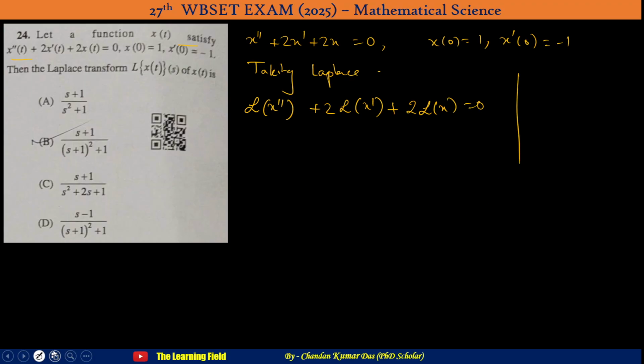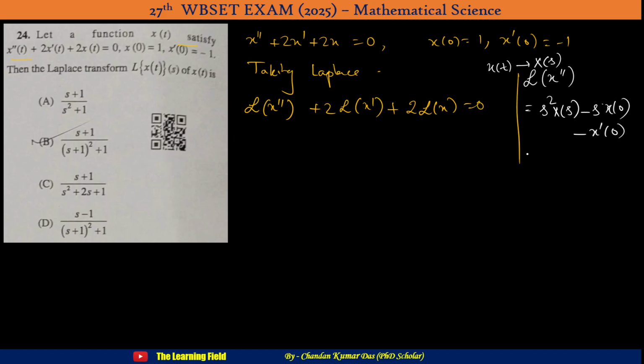Now we know the Laplace transformation of the first case. L of x double dash, suppose the Laplace transformation of x(t) goes to capital X in the variable s, then we all know this is s square X(s) minus s x(0) minus x dash 0, which is s square X(s) minus s plus 1.